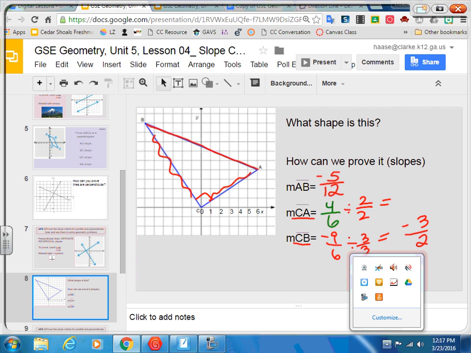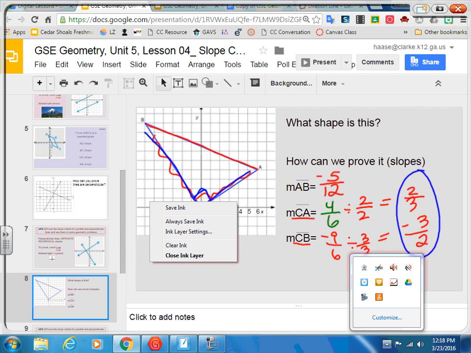What is 4 divided by 2? 6 divided by 2. What do you notice here? Are they reciprocal? Are they opposite signs? What can I say about these two sides then? Perpendicular. And so they meet at a right angle.